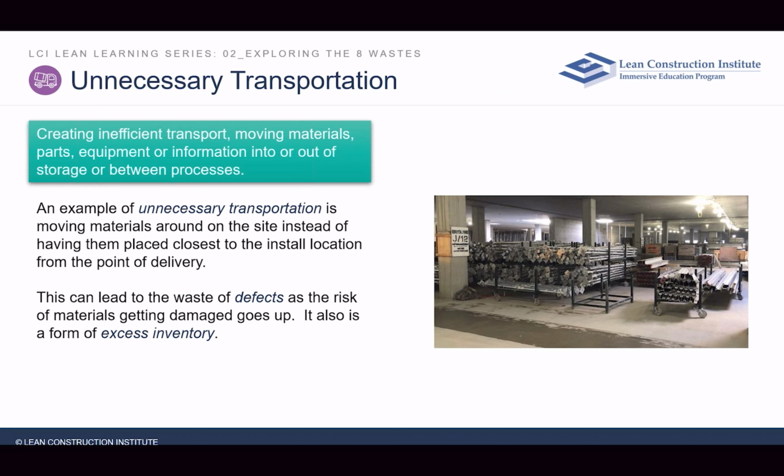Unnecessary transportation also has to do with deliveries to our sites, how we coordinate deliveries to our sites, the waiting for that, the crane time that might be necessary to bring a material delivery. And if we don't coordinate well, we're going to have two trucks show up at the same time and want to get material into the site. How do we do that and not have one person wait?